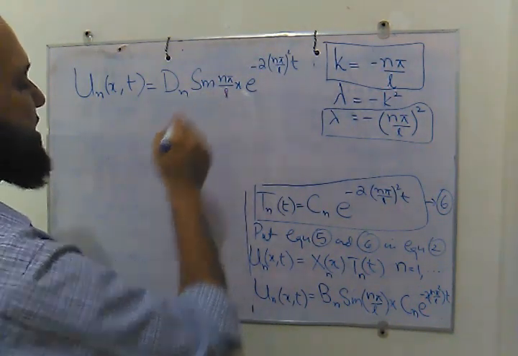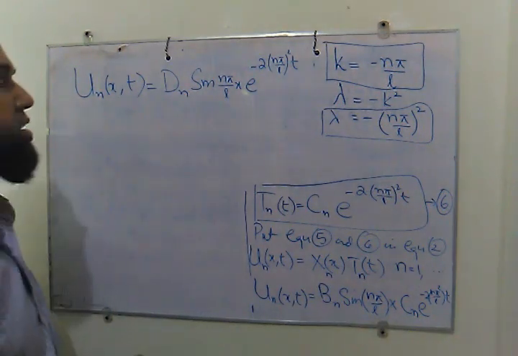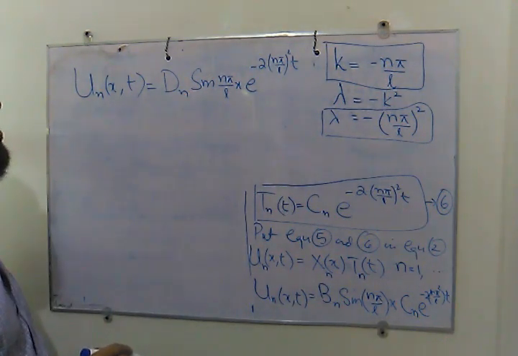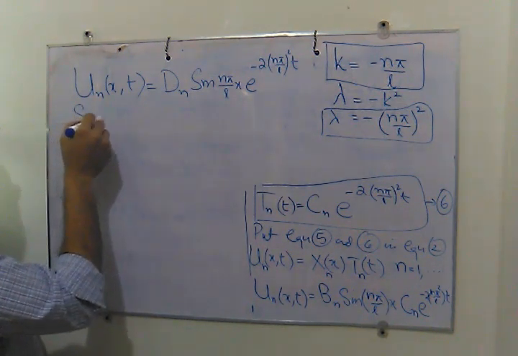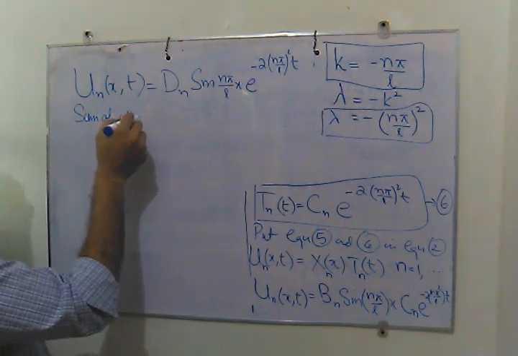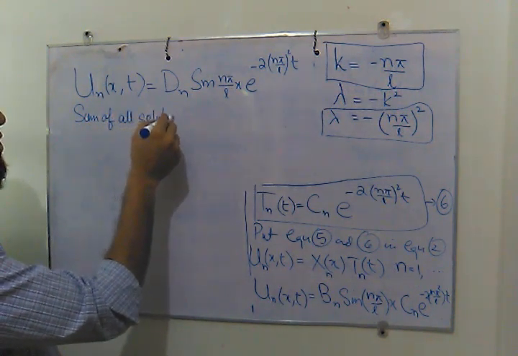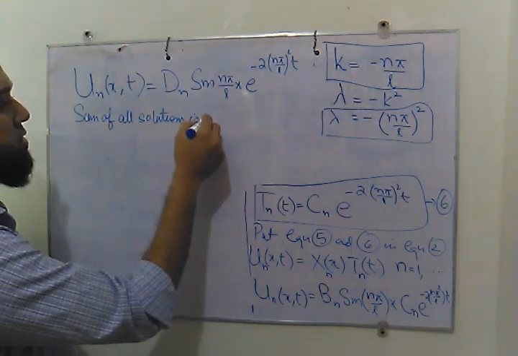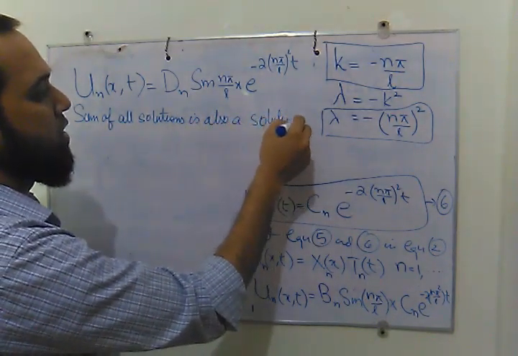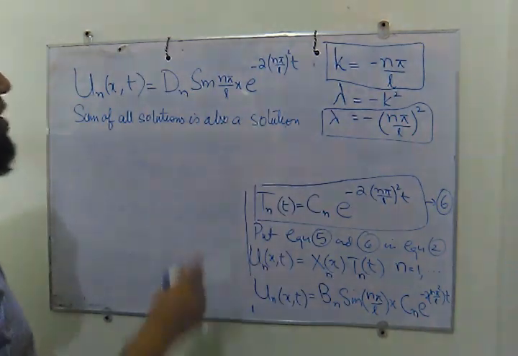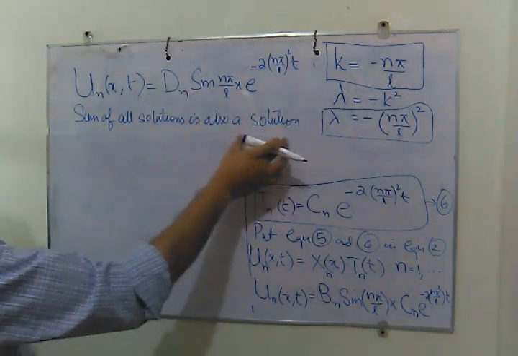Now here we use the principle of superposition, which says that the sum of the solutions is also a solution. The sum of all solutions is also a solution. What will it make? It will make these n solutions into a single solution.